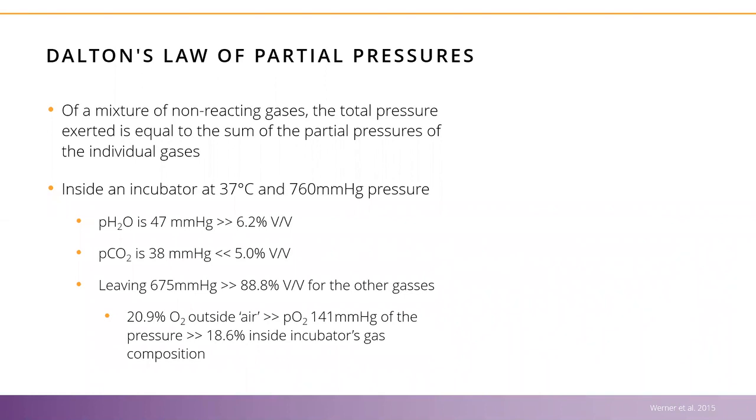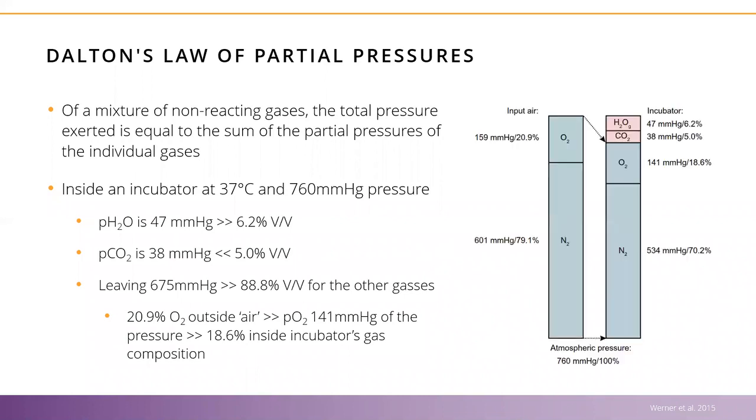Inside the incubator, doing the calculations, you would end up at 141 millimeters of mercury partial pressure for O2, which is then calculated to 18.6% O2 inside the incubator. So that is a slightly more than 10% difference between outside O2 concentration and the O2 concentration inside your incubator.